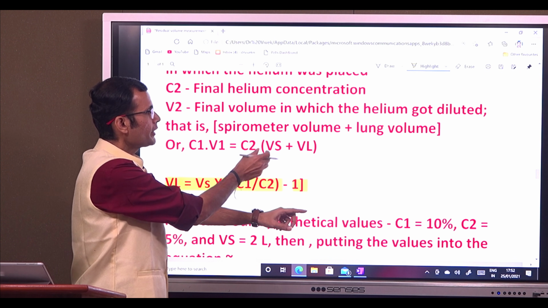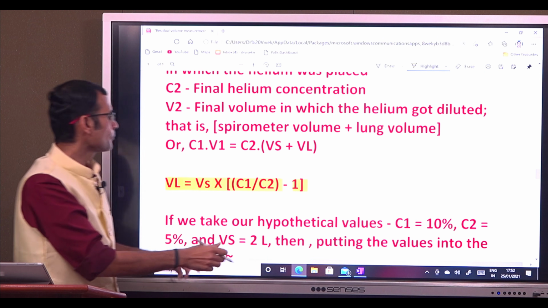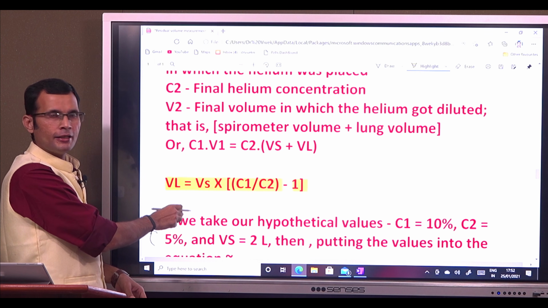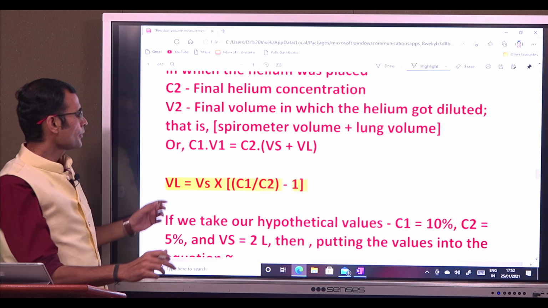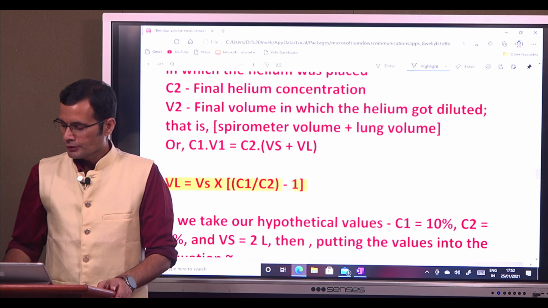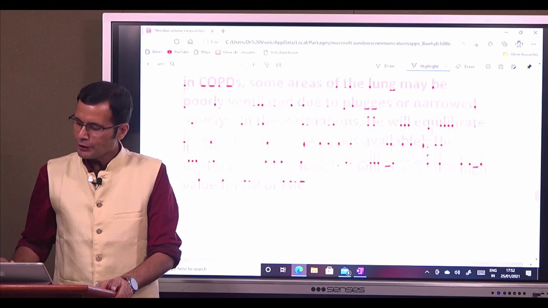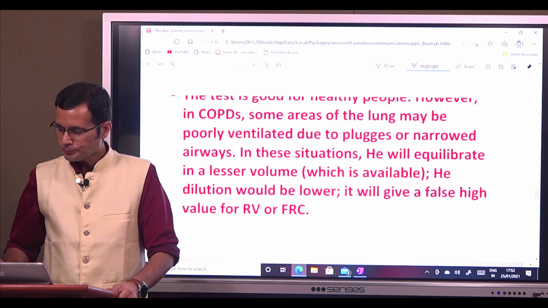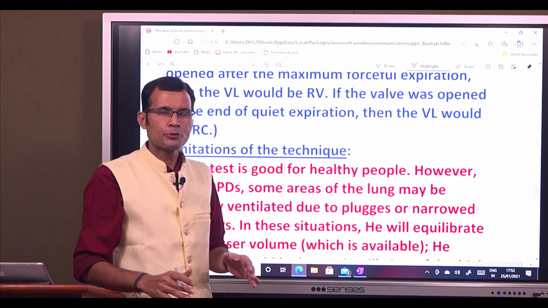V2 is actually spirometer volume plus the lung volume. Take VL, the lung volume, to the other side, put the values into the equation, and you get the lung volume. So, that was the procedure.